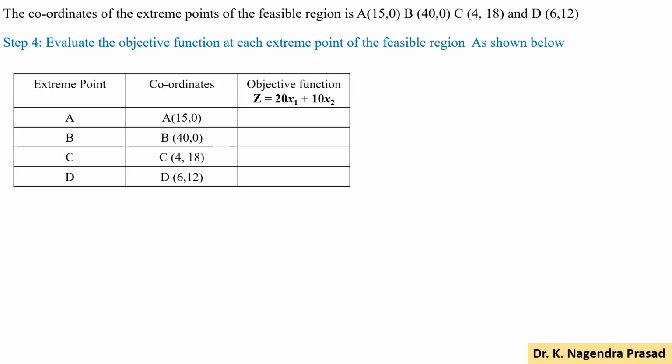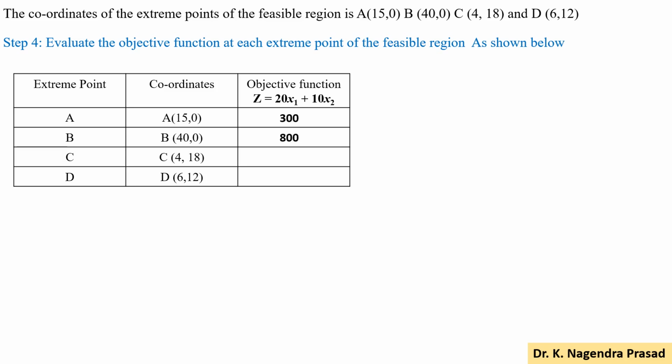Then we get z equal to 20 into 15 plus 10 into 0. This value is 300. Similarly, we substitute the other extreme point coordinates 40, 0 in the objective function, that is z equal to 20 into 40 plus 10 into 0, that is 800.